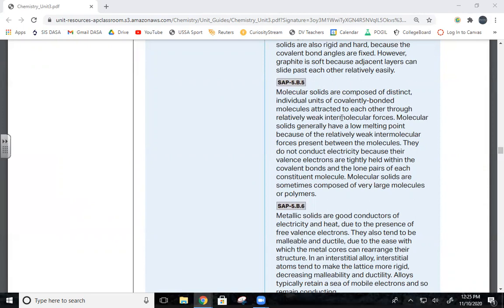So, like ice, kind of. So what I look at here is, for instance, nitrogen or dry ice. Yeah, dry ice is a perfect example.